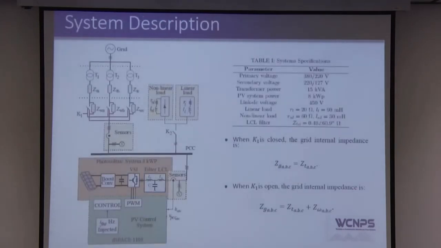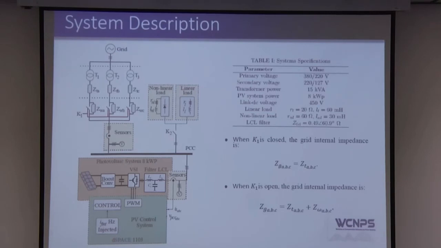So the system is a microgrid, basically, with a PV-based generator rated at 8 kilowatts peak, connected to a point of common coupling.